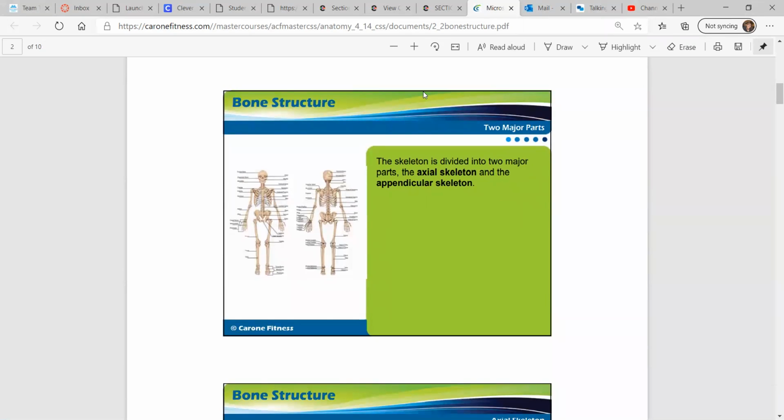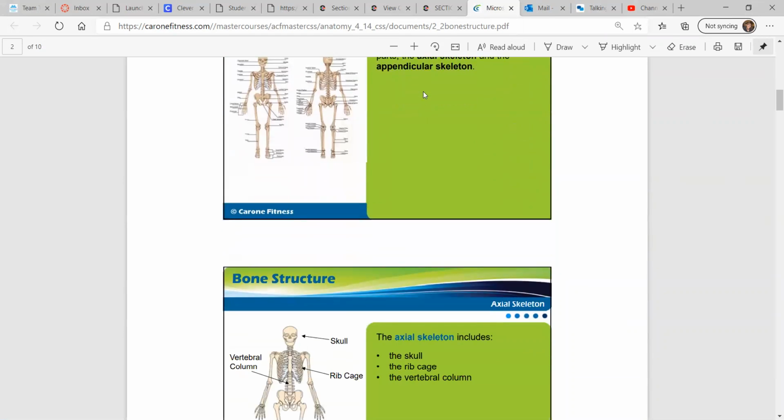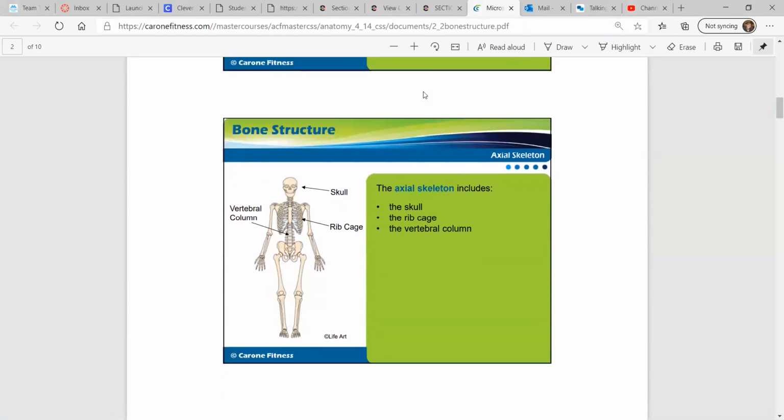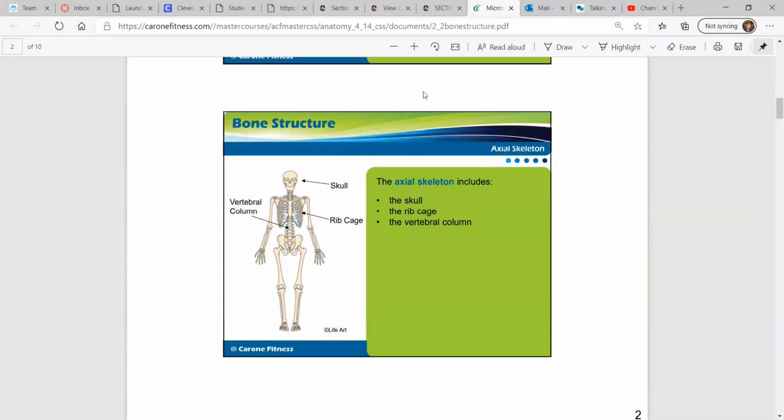The skeleton is divided into two major parts, the axial skeleton and the appendicular skeleton. Now, the axial skeleton includes the skull, the rib cage, and the vertebral column.